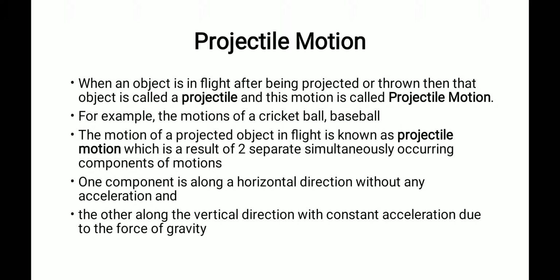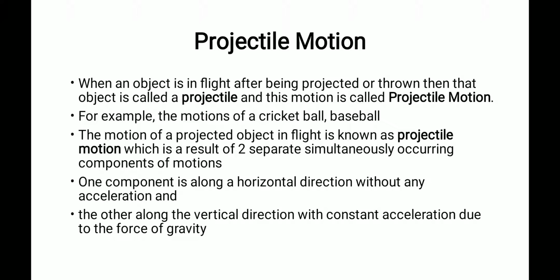Which is a result of two separate simultaneously occurring components of motion. So here two components of forces are acting. One component is along the horizontal direction without any acceleration, and the other component along the vertical direction, which has constant acceleration due to the force of gravity.